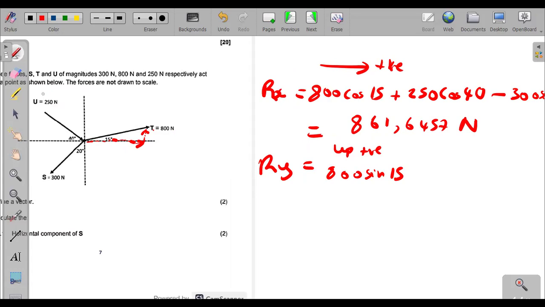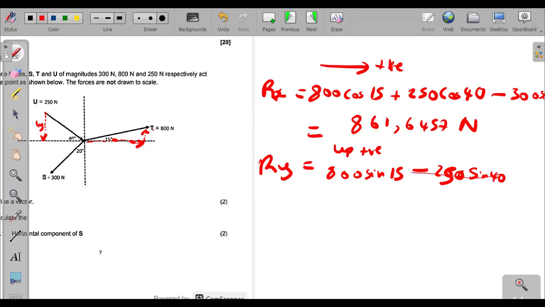The vertical component of u, from the tail towards the head of u, is no longer acting upwards, rather it's acting downwards. So we will subtract, because I have taken upwards as positive. So it's giving me minus 250 sine 40, right?